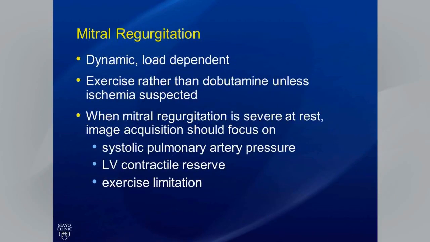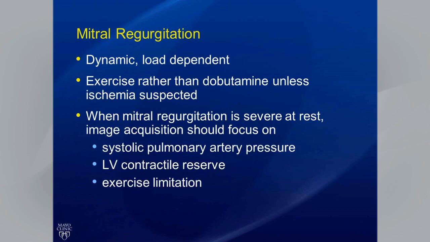Let us consider the circumstance of mitral regurgitation. Now, we know that this is a dynamic condition and dependent on load. We would like to use exercise stress rather than dobutamine unless ischemia is suspected as the primary cause of mitral regurgitation, just because dobutamine is less physiologic.